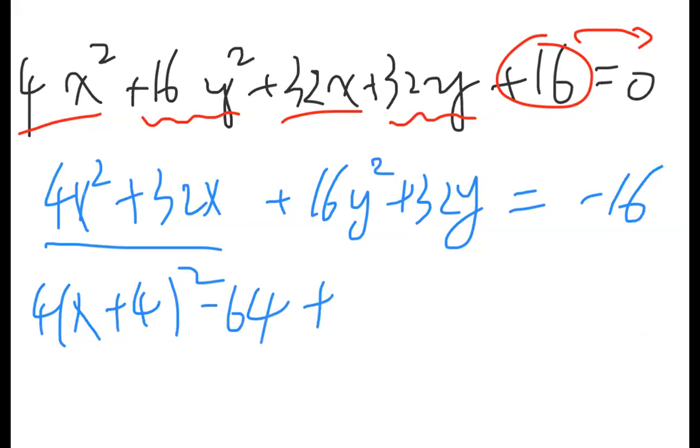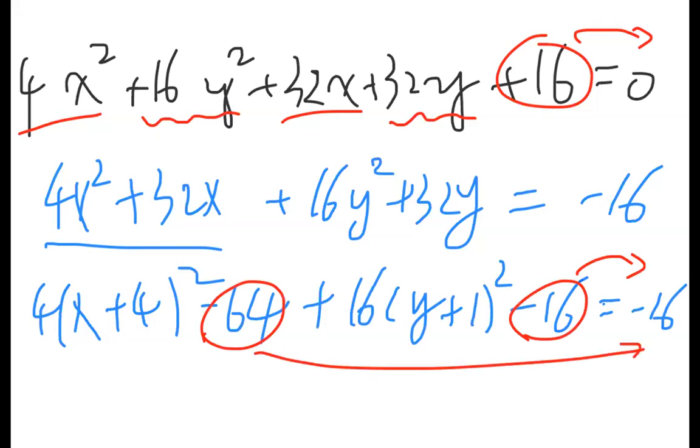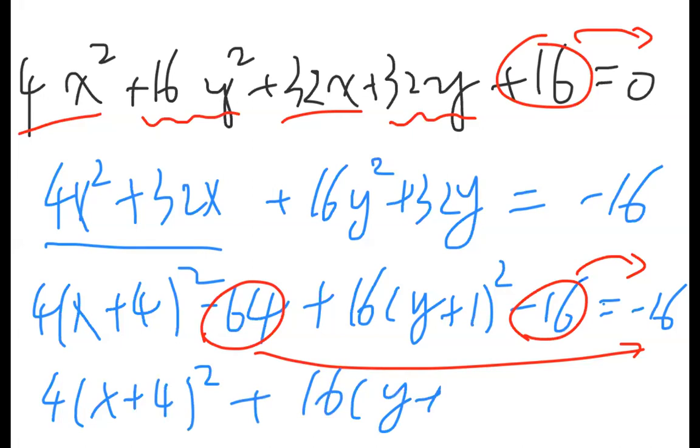For y, it becomes 16 times y plus 1 squared. To trade off, you have to minus 16, and the other side is still minus 16. So the next step is to put these numbers to the other side. It becomes 4 times x plus 4 squared plus 16 times y plus 1 squared equals 64.